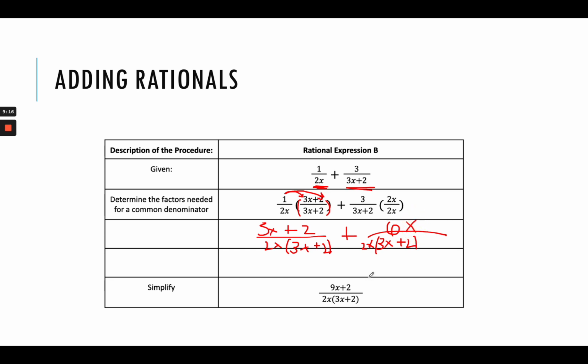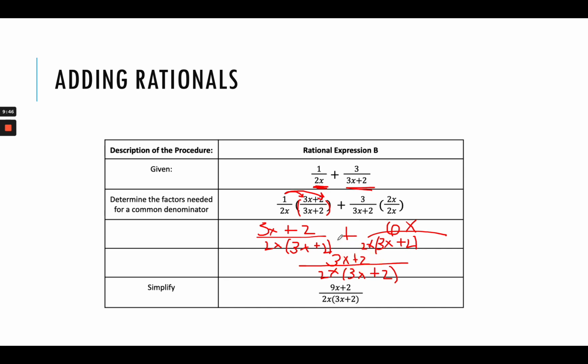Okay, so now we're going to write it as one fraction. So we're going to have our common denominator on the bottom, which is 2x times 3x plus 2. And then we're going to just write this all as one numerator, 3x plus 2.